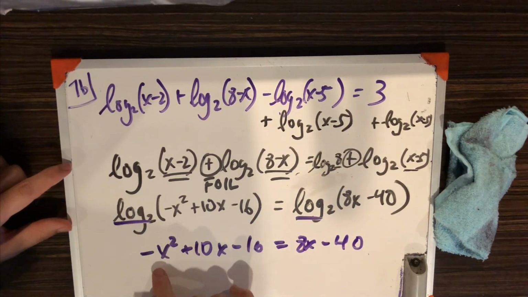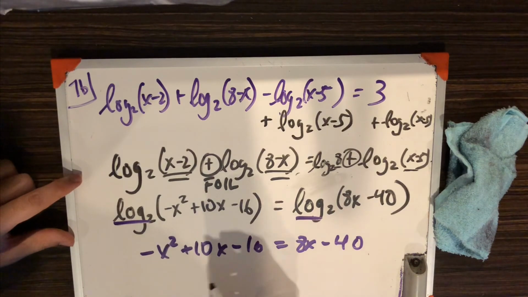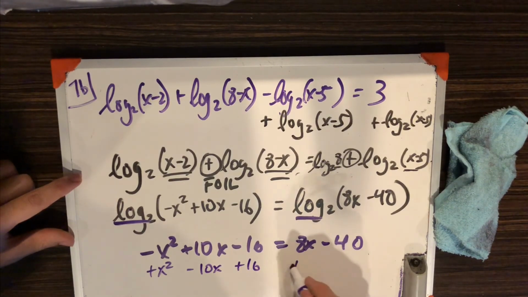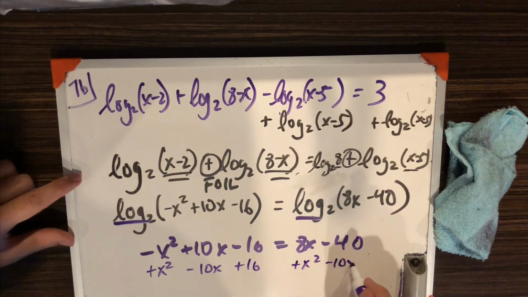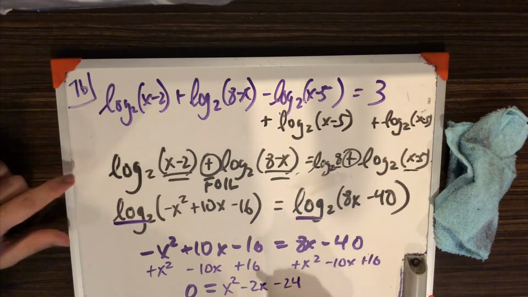Push everything to one side. I would like this to be positive, so I can push this to the other side, this one, and this one. Again, just to make that positive, so when I'm factoring, it'll become easier. So 0 is equal to x squared, and then negative 2x, that would be negative 24.